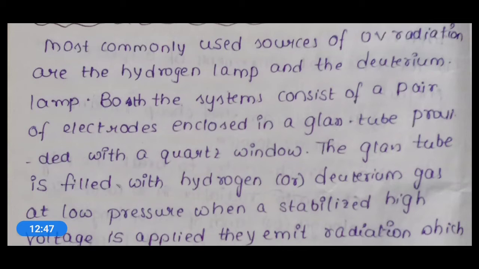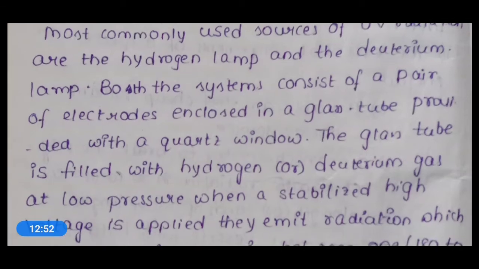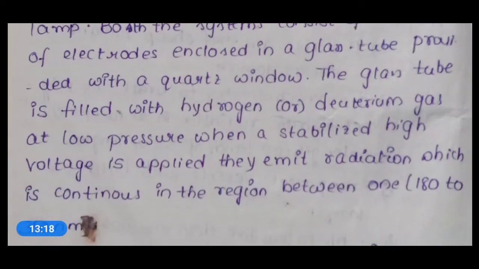Here both the systems consist of a pair of electrodes enclosed in a glass tube, and this glass tube will be provided with a quartz window, and the glass tube is filled with hydrogen or deuterium gas at low pressure.